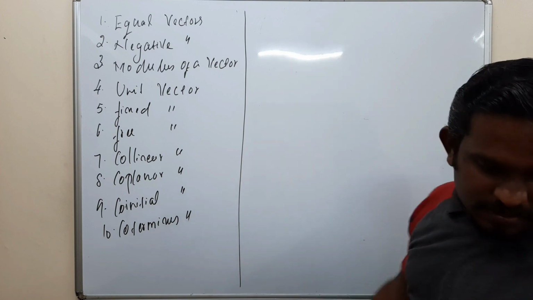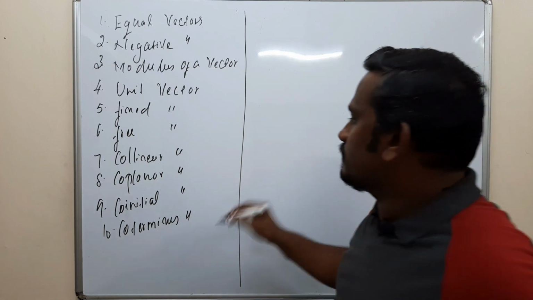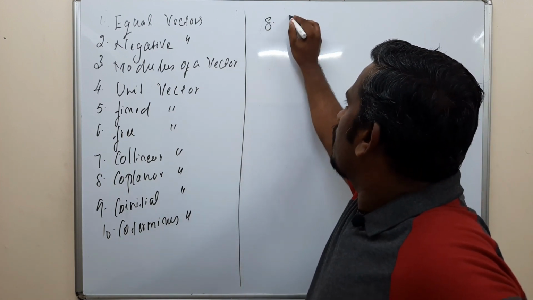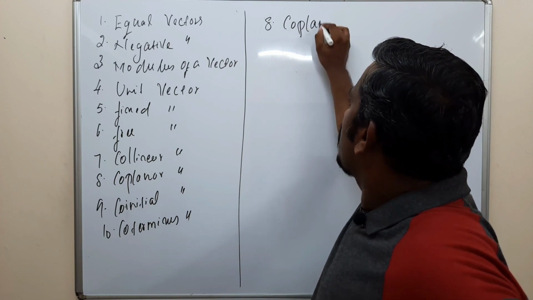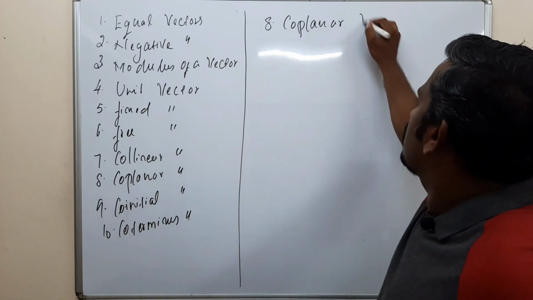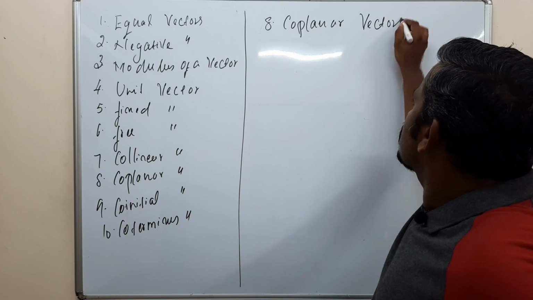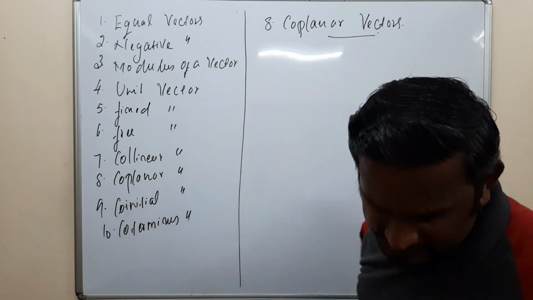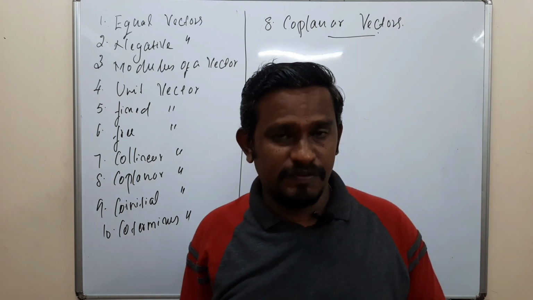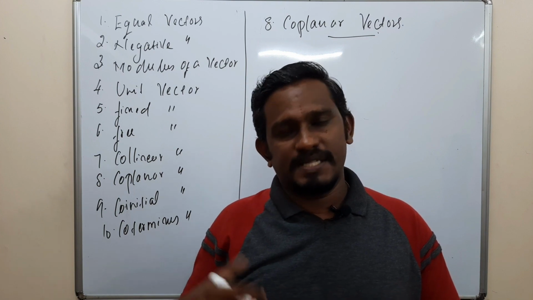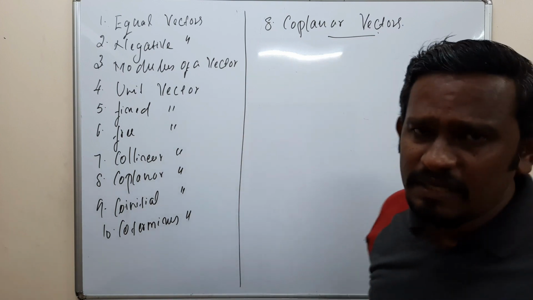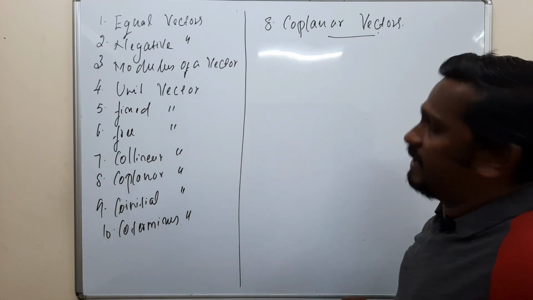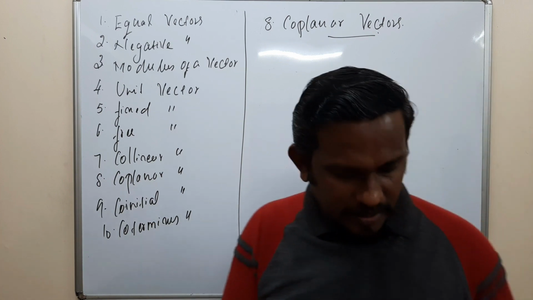Eighth one, coplanar vectors. If the vectors are acting in the same plane, we can say that they are coplanar vectors.